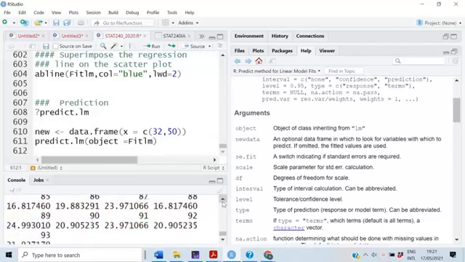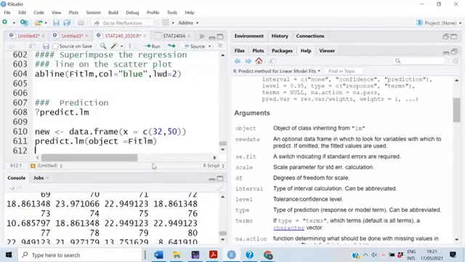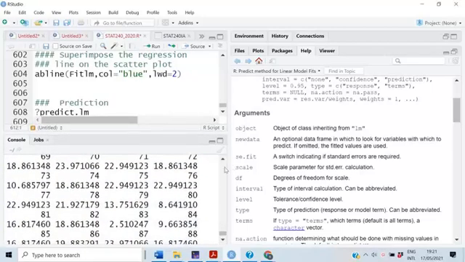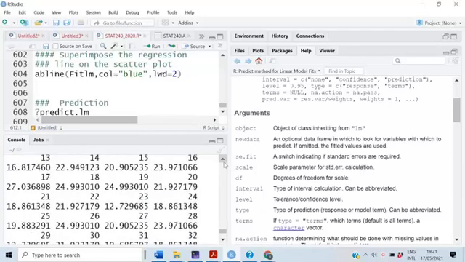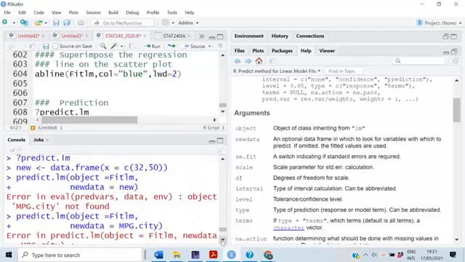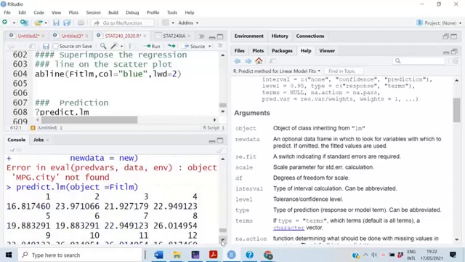So if I predict, I get my fitted values. And if I want new data, the first one is 16.89 and so forth.